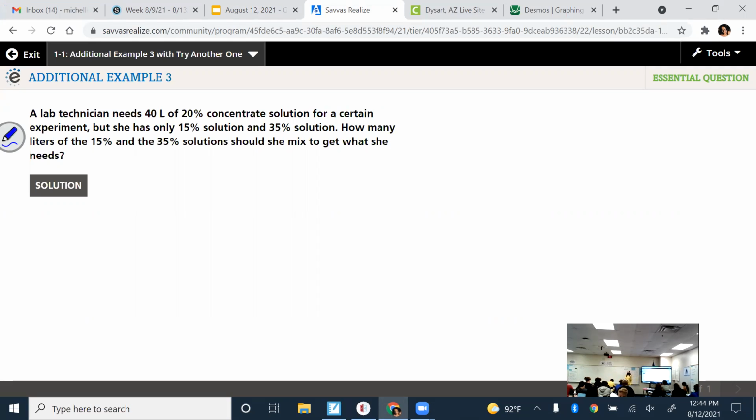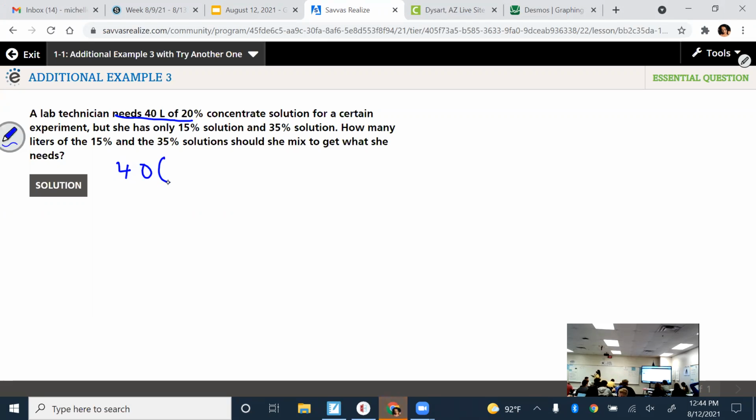All right, so this time the lab technician needs 40 liters of a 20% concentrate solution. So remember, what she needs goes first. When we're setting this up, she needs 40 liters of a 20% concentrate.